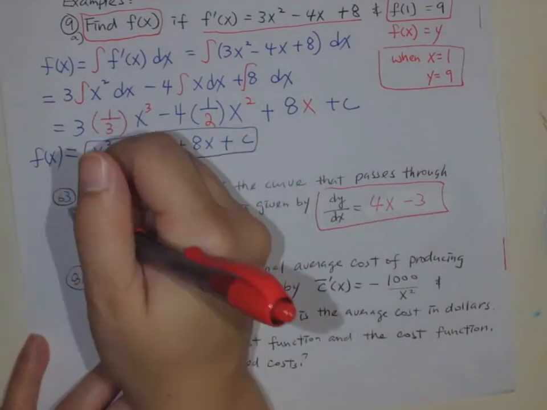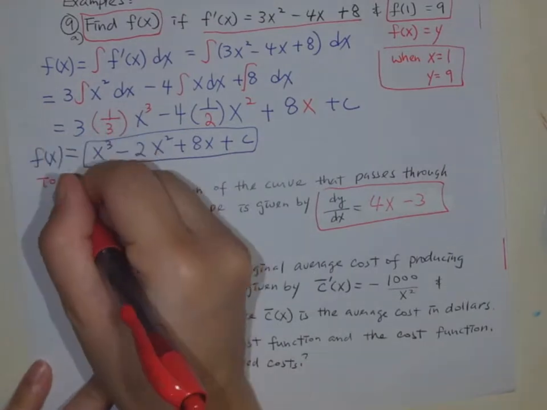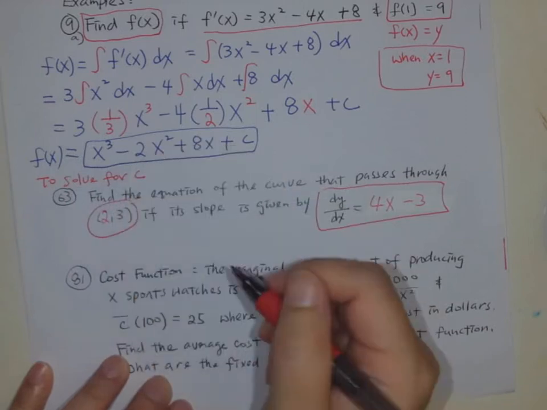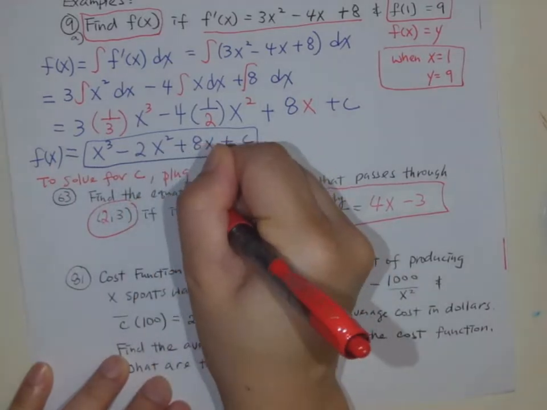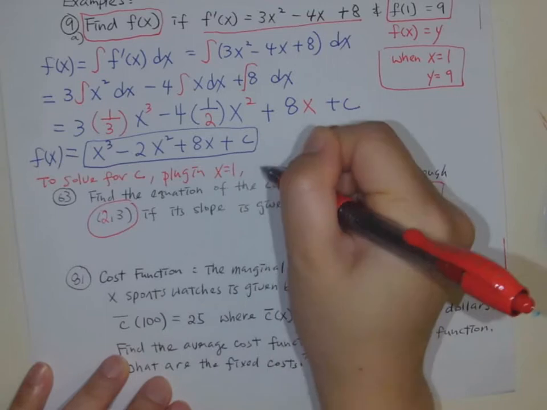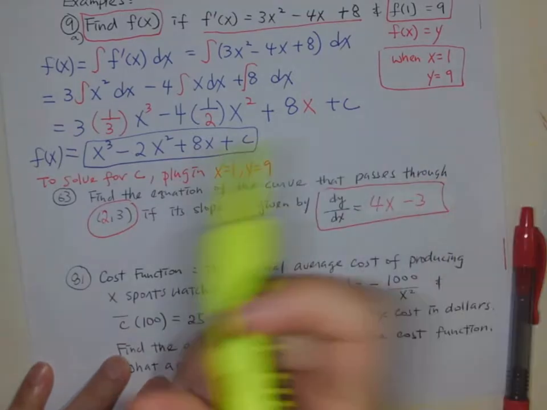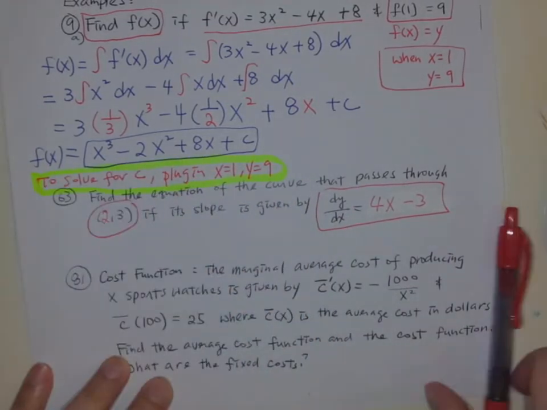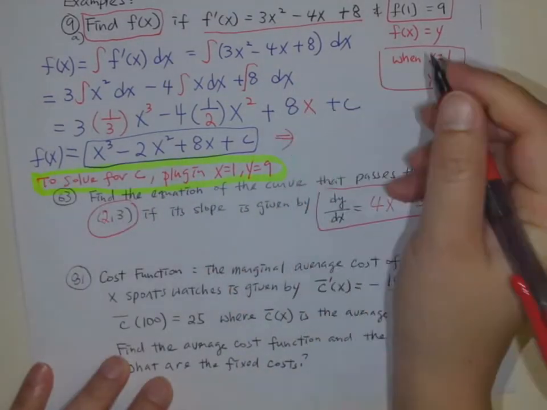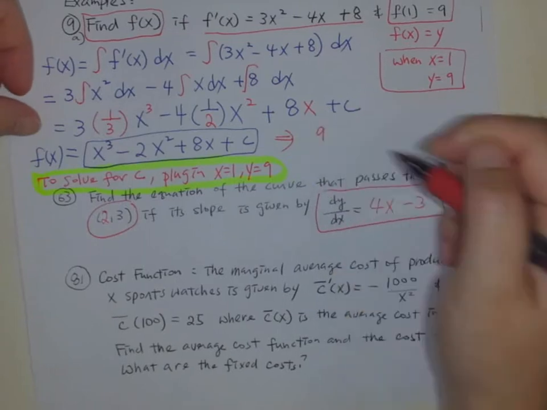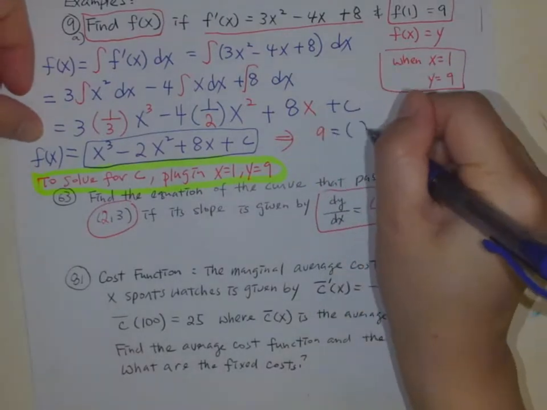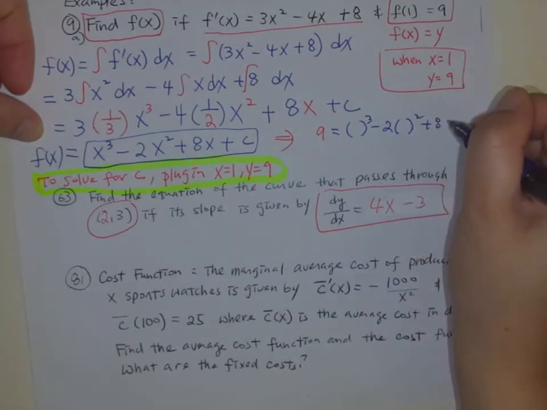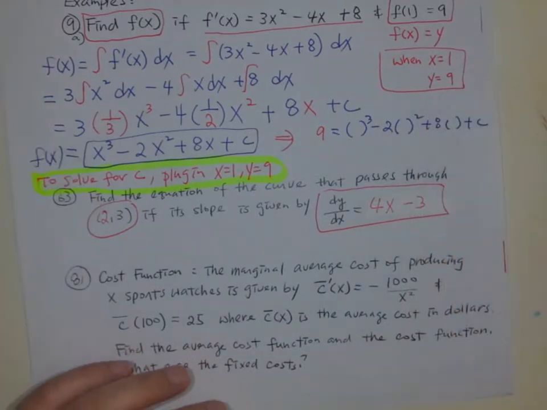So to solve for c, what we need to do is plug in x equal to 1 and y equal to 9. Those numbers are given from the question. So over here we have my y is 9, equal to x cubed minus 2 times x squared plus 8 times x plus my c, and we are solving for c.